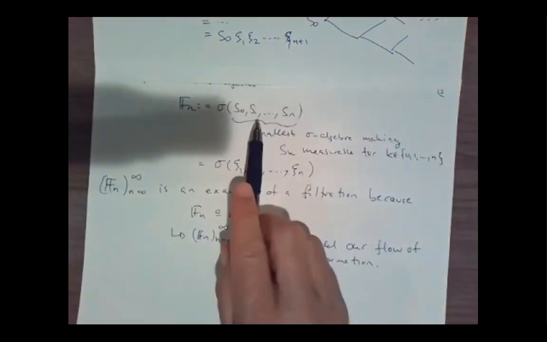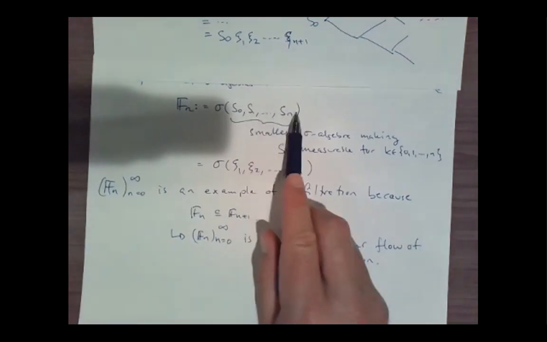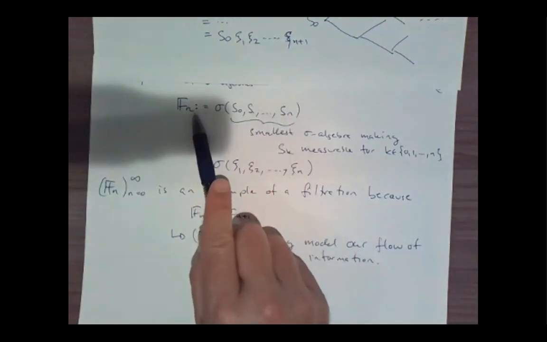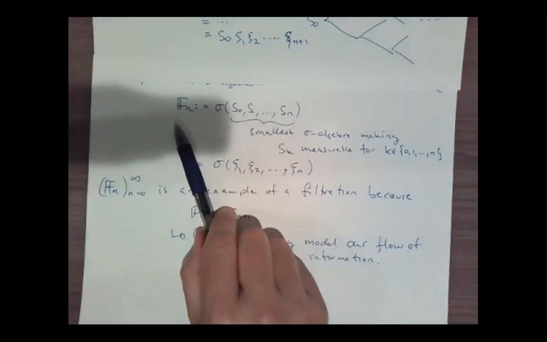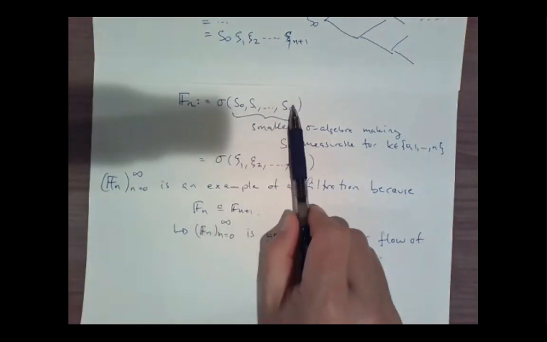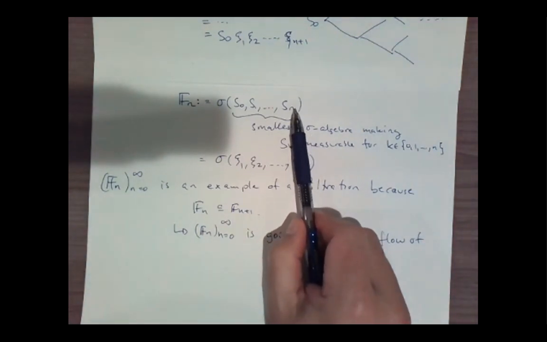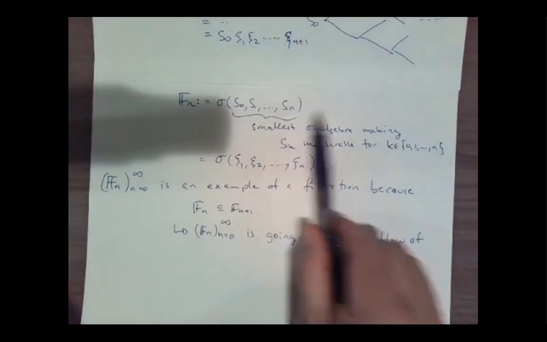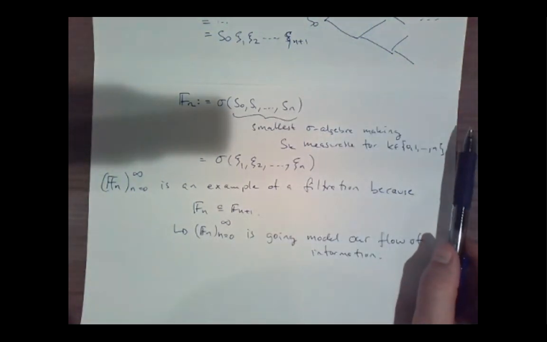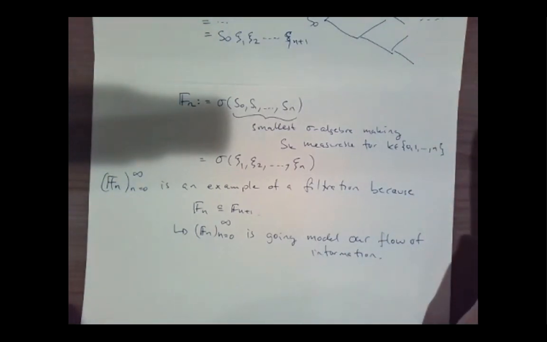So we are thinking about these indices as being time. So Fn encodes the information that we have available at time n when we decide on how many stocks to buy or sell. And so when we make a decision at time n plus 1, we also have observed the stock price at time n plus 1, so we know more, so we can make better informed decisions at later times simply because we have observed more stock prices.